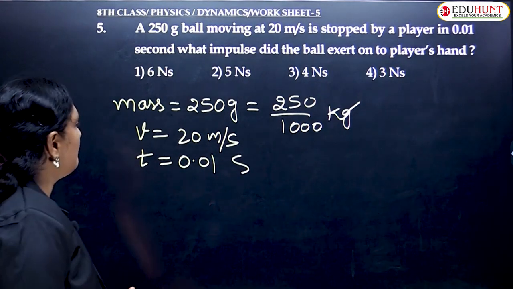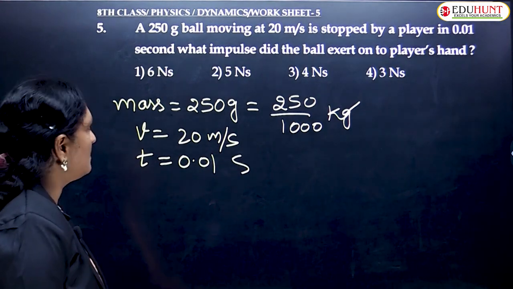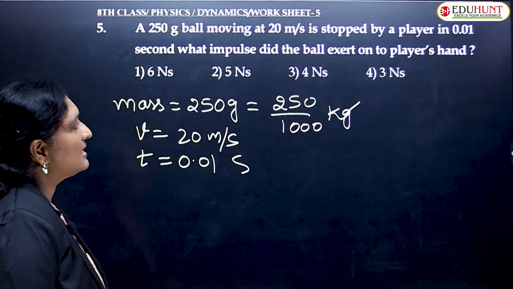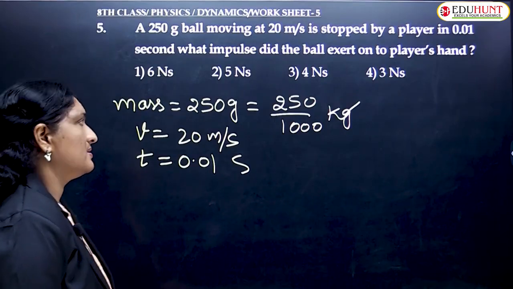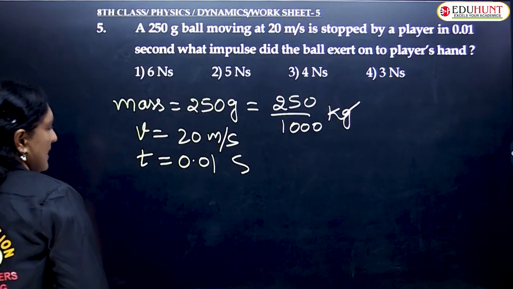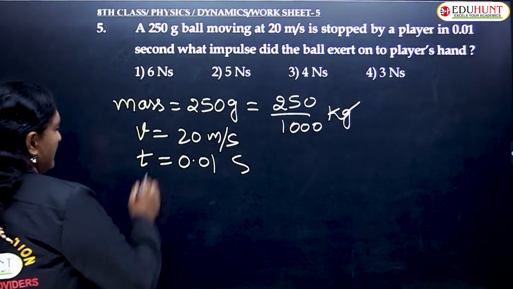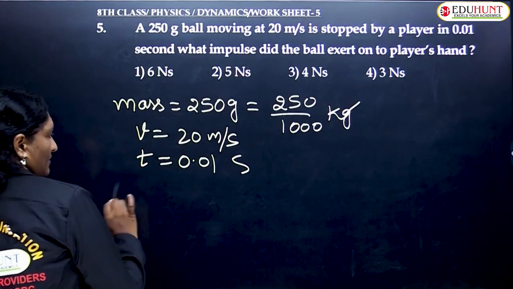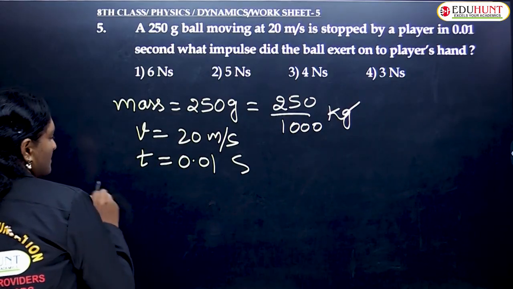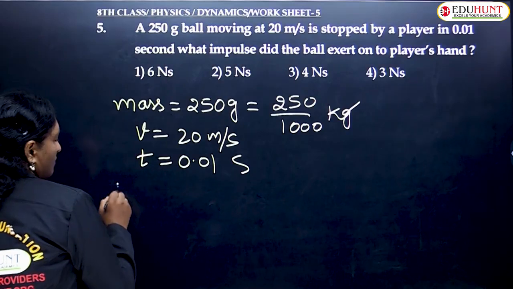So mass is given, velocity is given, time is also given. What impulse did the ball exert on the player's hand? We know that impulse is equal to force into time. Though time is given, force is not given. First of all, let us find the force.